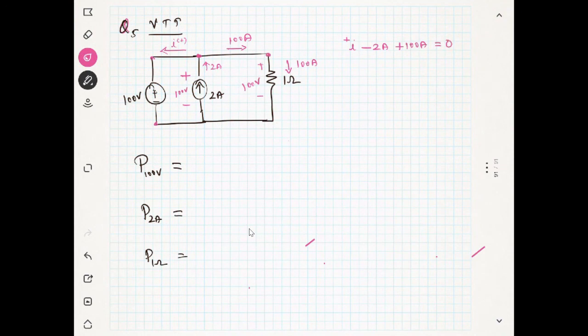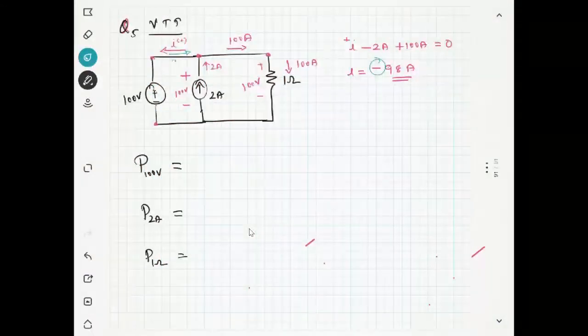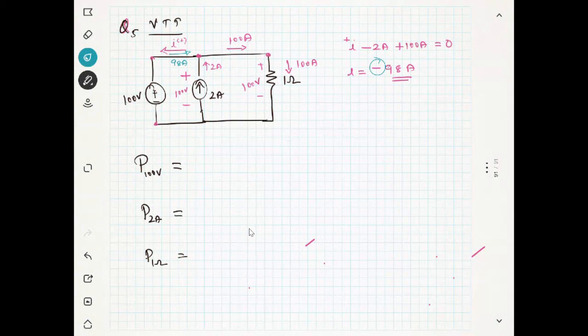This total will be equal to 0. So what will be I? I will be equal to minus 98. I am getting minus, so my actual current will be in the opposite direction. So my actual current is 98 ampere.